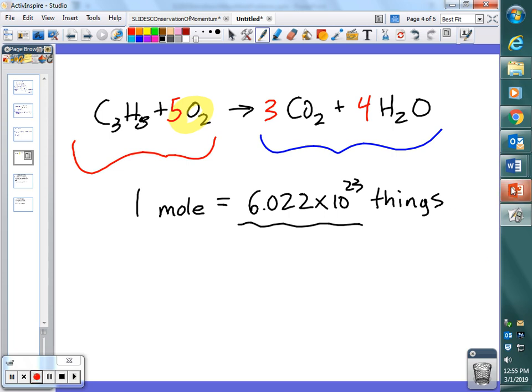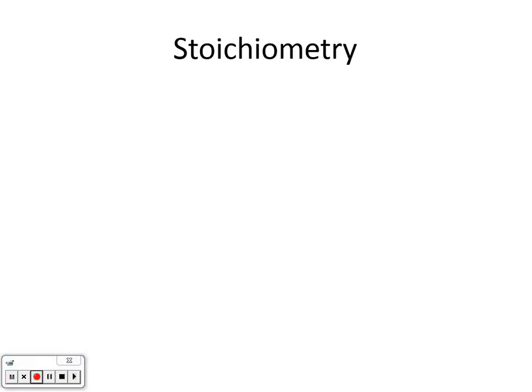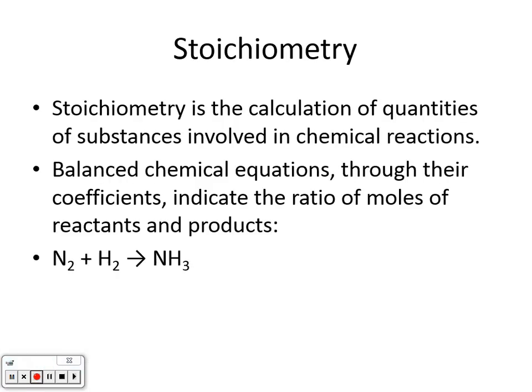So let's take a look at a chemical reaction down at the bottom of the page. Okay? N2 plus H2 equals NH3. First, without knowing anything about the reactants or products of this reaction, you should be able to tell me what type of chemical reaction this is. What type of chemical reaction is this? Synthesis.